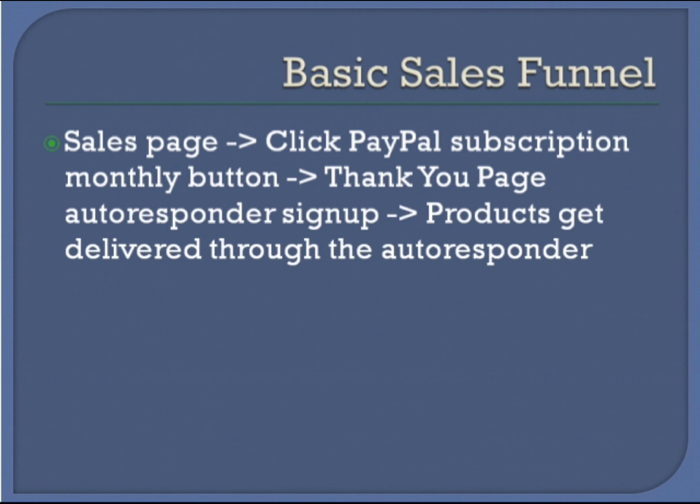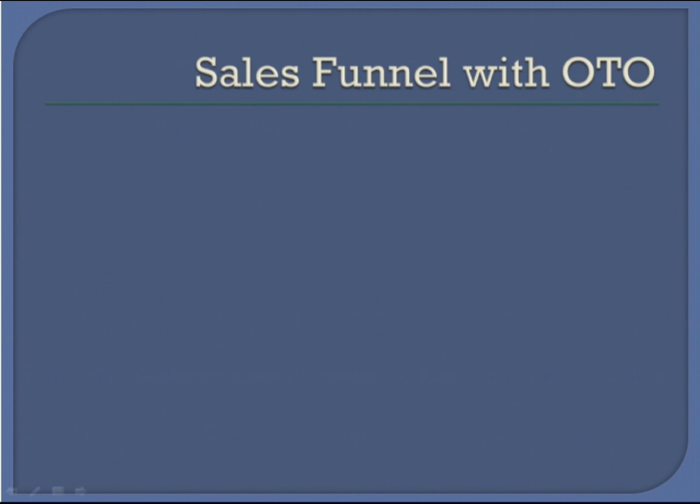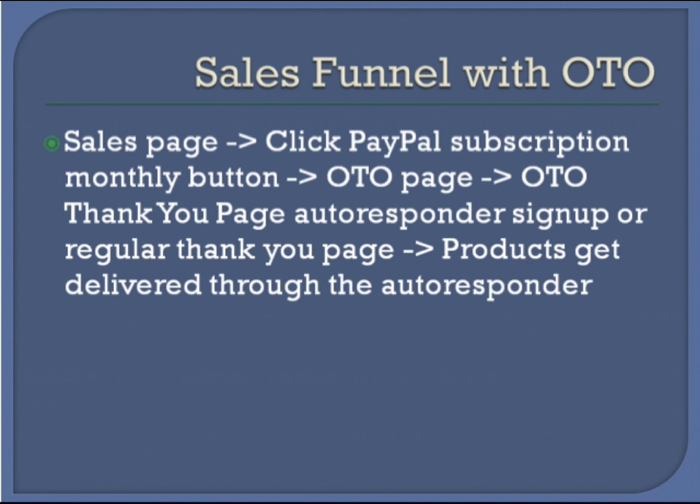Now, if you were to get a little more complicated and add a sales funnel with a one-time offer, it would look like this. You have a sales page, they click the PayPal button, and then after that, they see a one-time offer that says, hey, hold on, we've got a one-time offer here. If they purchase it, they get sent to the one-time offer thank you page with the autoresponder, or if they say no, they're sent to the regular thank you page.